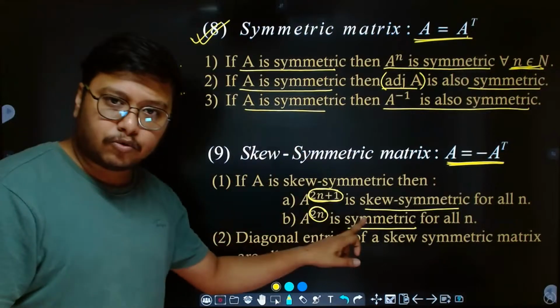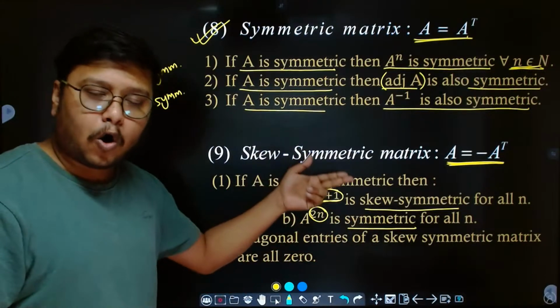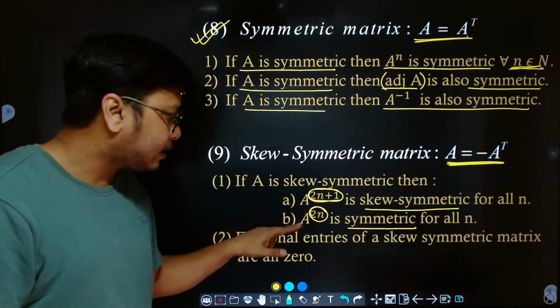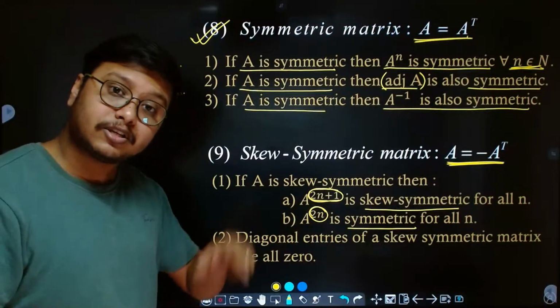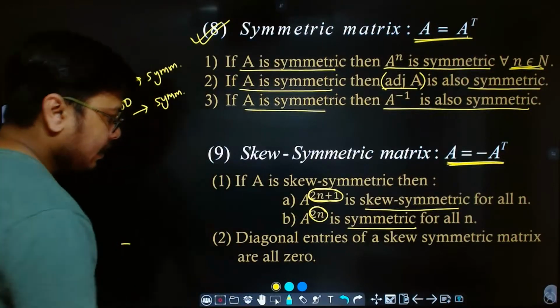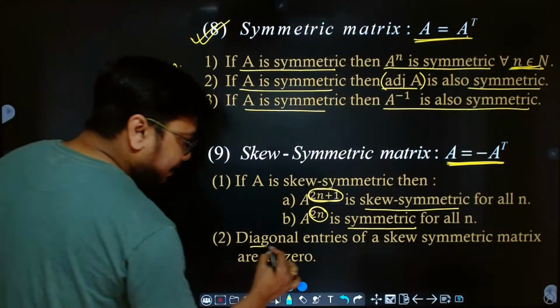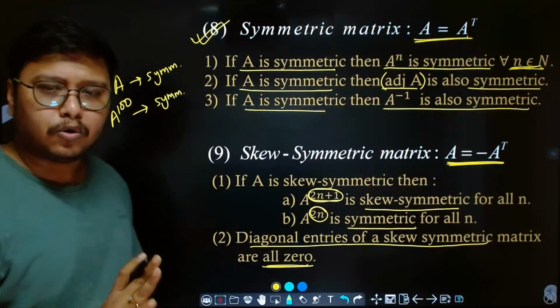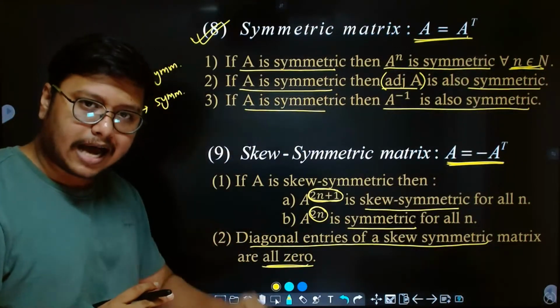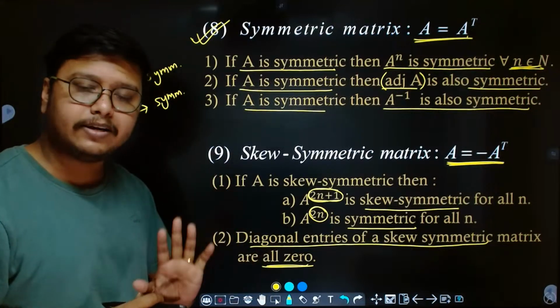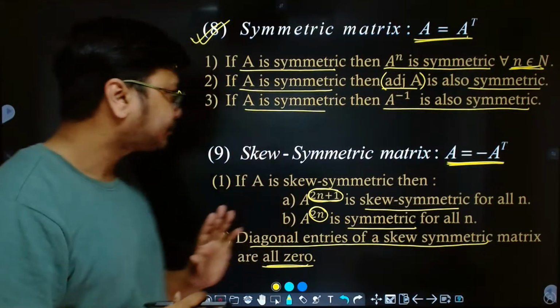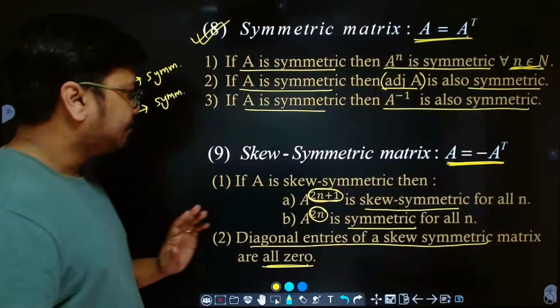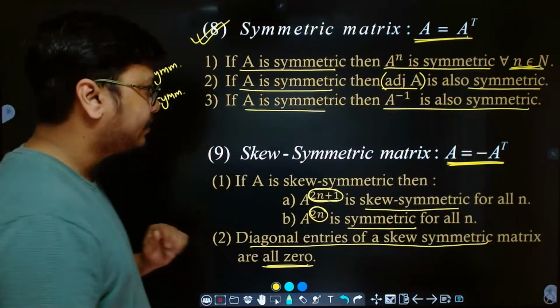So A to the power odd number is skew symmetric, A to the power even number becomes symmetric. Also the diagonal elements of a skew symmetric matrix are always 0, which you have done in class 11-12. So these are some important properties of symmetric and skew symmetric matrices.